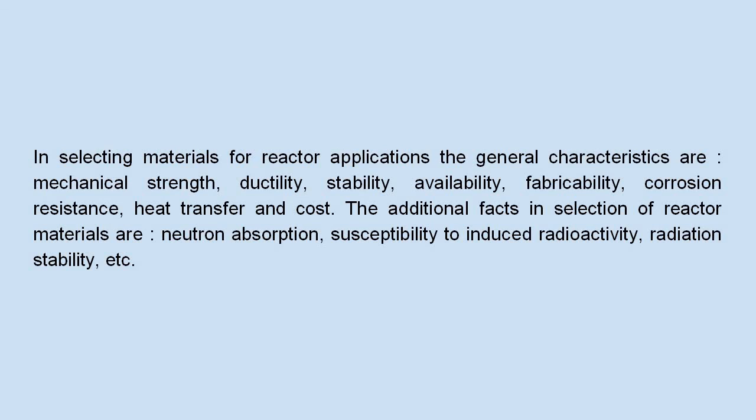And in selecting materials for reactor applications, the general characteristics are: it must be of good mechanical strength, ductility, that means it should not break easily, stability, availability, it should be easily available, fabricability, that which can be molded in any way, corrosion resistance, heat transfer and cost.